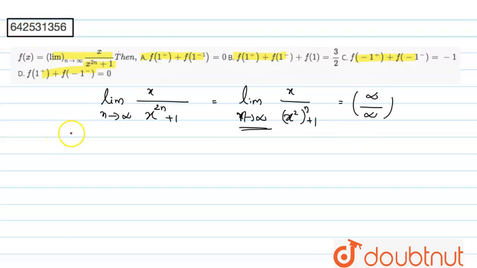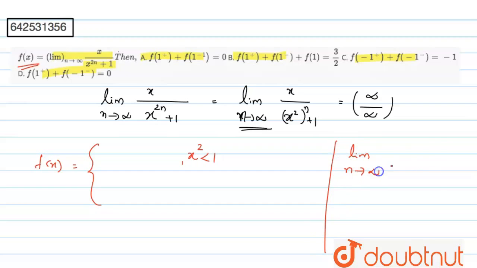So we will find the solution by finding values of f of x for different ranges of x. So let's find the ranges first. F of x is equal to, okay, let's take x squared is less than 1. So when x squared is less than 1, limit n tends to infinity x by x squared whole power n plus 1.